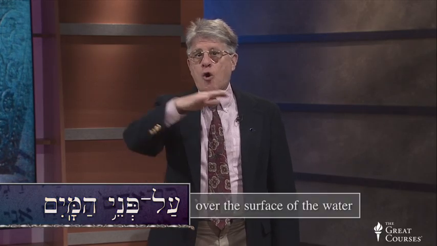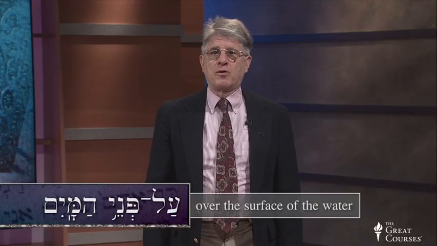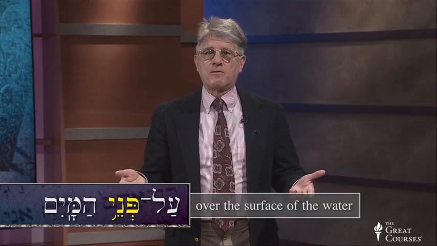To the face of is the biblical Hebrew idiom that means before. In Genesis 1:2, using al, we'll see the phrase above the face of the water, al penei hamayim, that is, over the surface of the water, using face as a metaphor for surface.